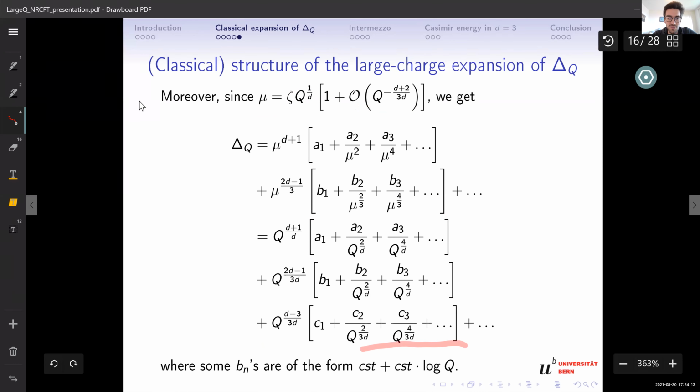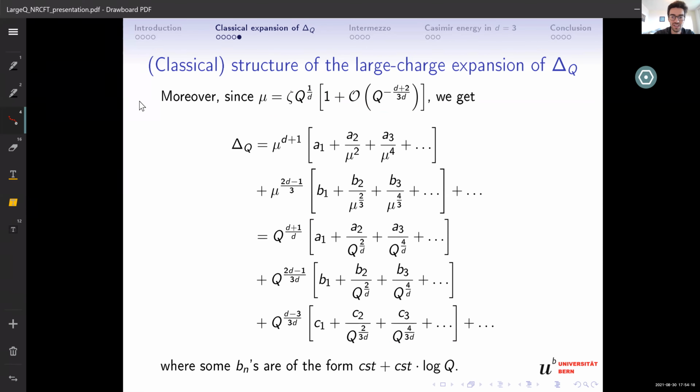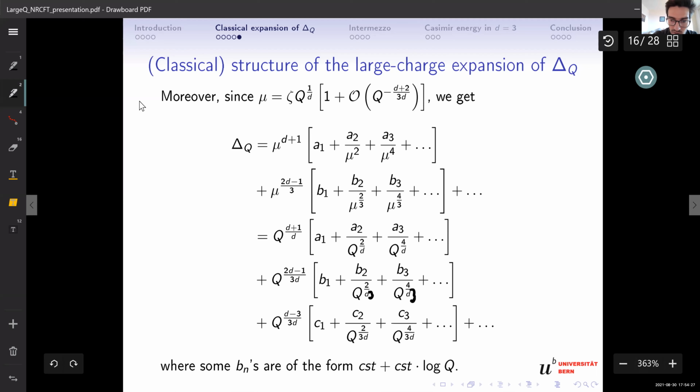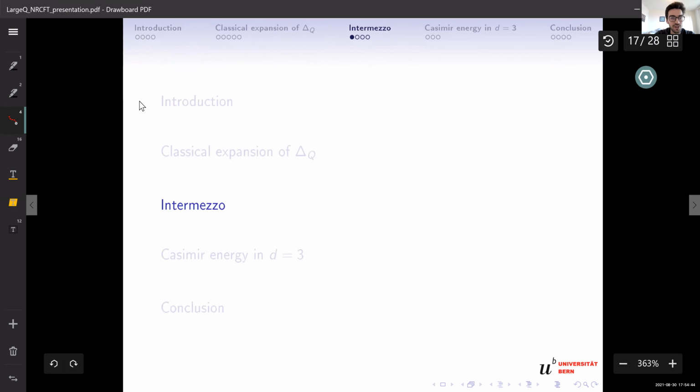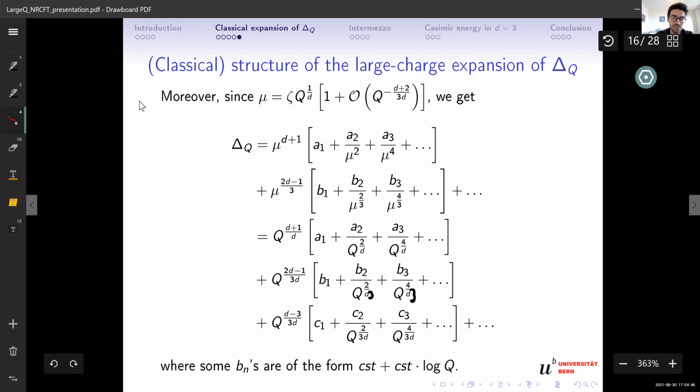So that's why we have 3 lines in the expansion of the delta Q. But I guess the most important thing to notice is that here there is a 3, I should add. So there is a more refined expansion in the non-relativistic case. And on top of that, we have logs sometimes hiding in the B's here. Okay. So I guess I should ask if there are questions so far.